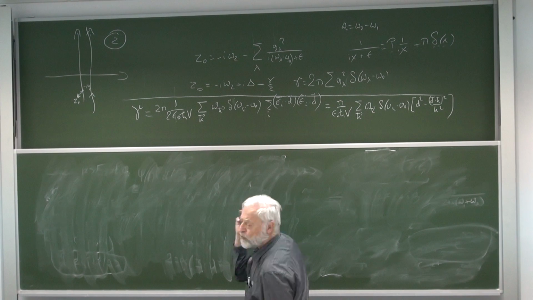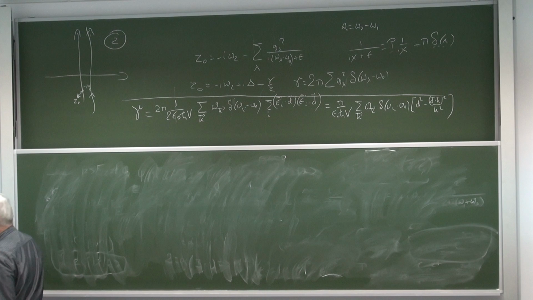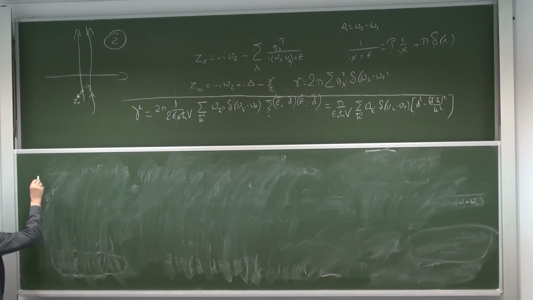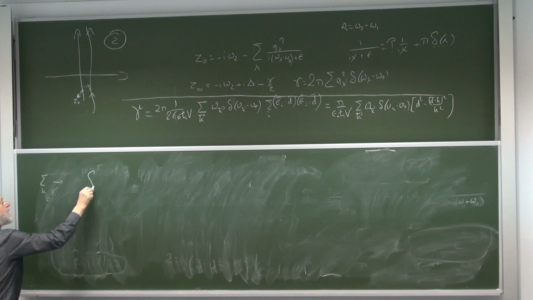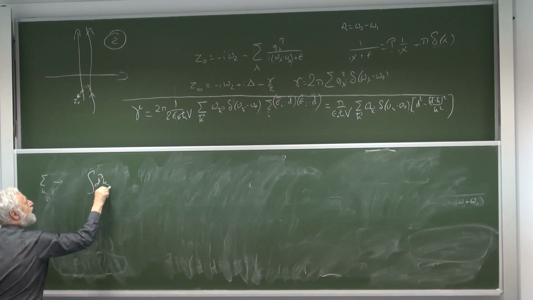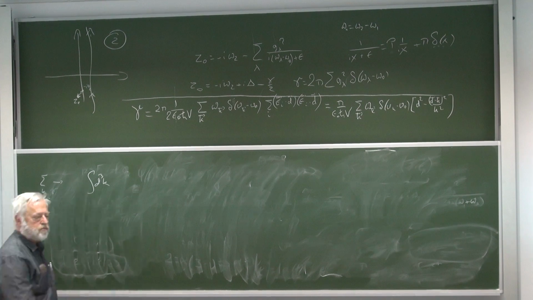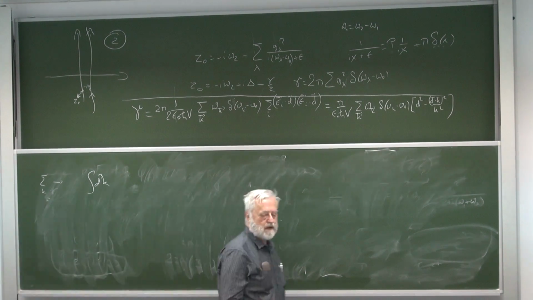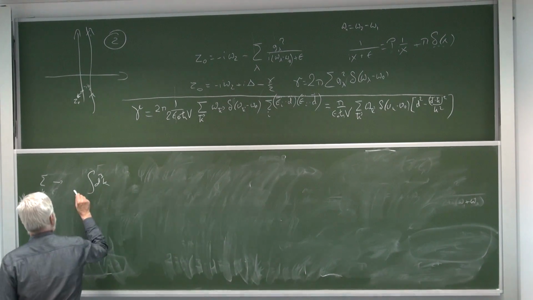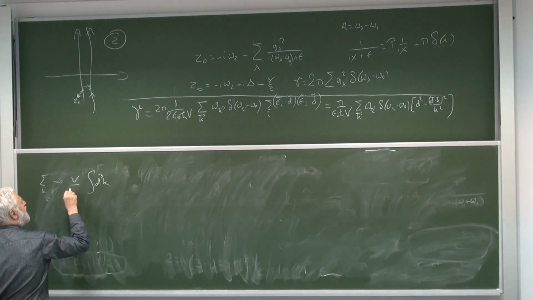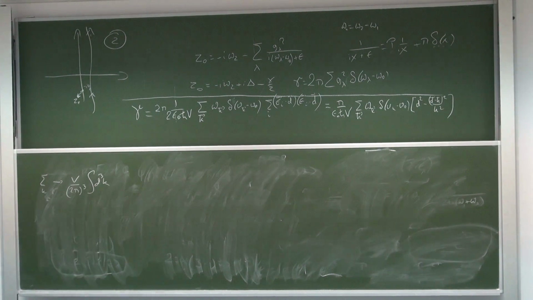Okay, so there are two steps that I want to make. The first step is replacing summation over k by integration over d3k. And you remember from an introductory lecture on solid state physics probably, that it's very simple. You have to take this sort of prescription.